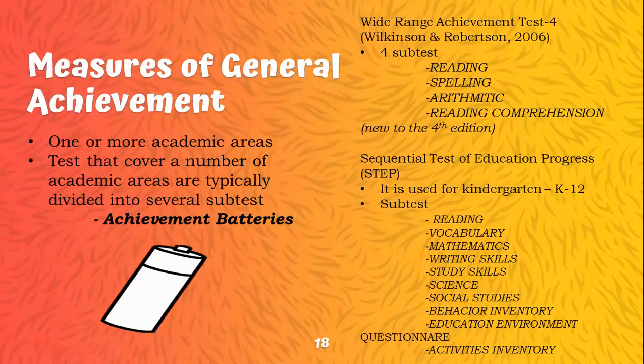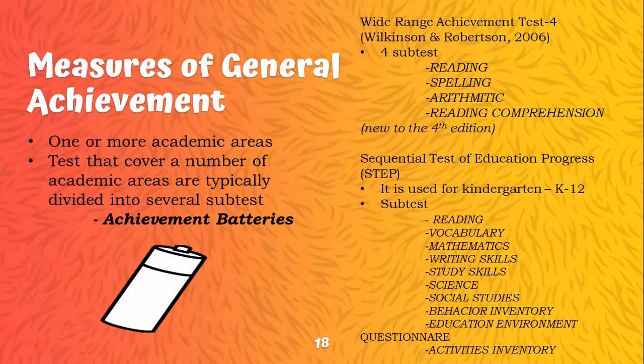So first is the measure of general achievement. So the test that covers a number of academic areas are typically divided into several subtests, which we call the achievement batteries. So in one or more academic areas, ginatawag nato na achievement batteries.